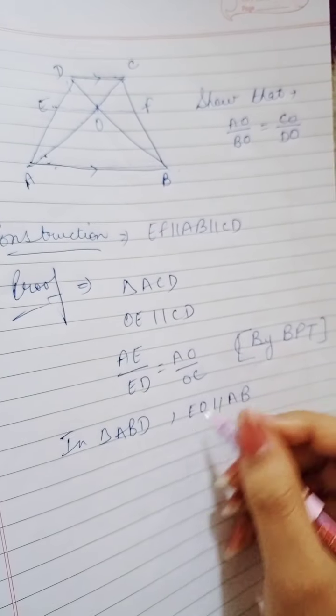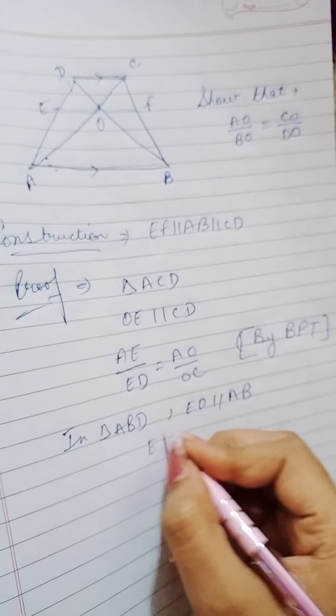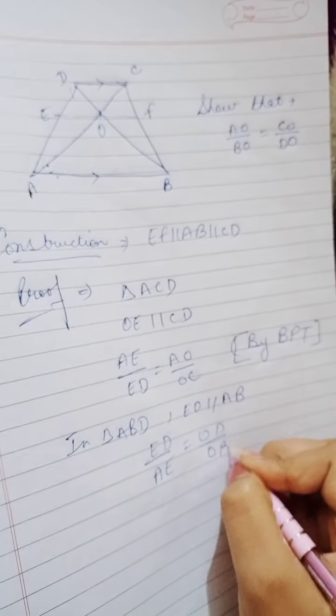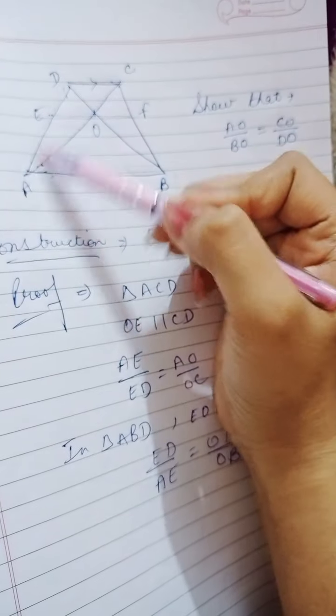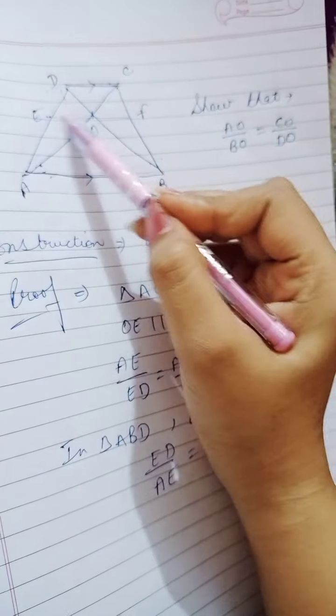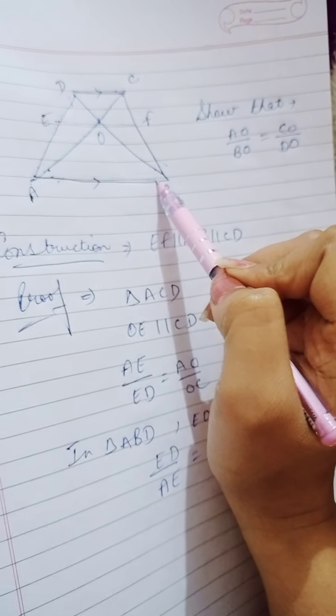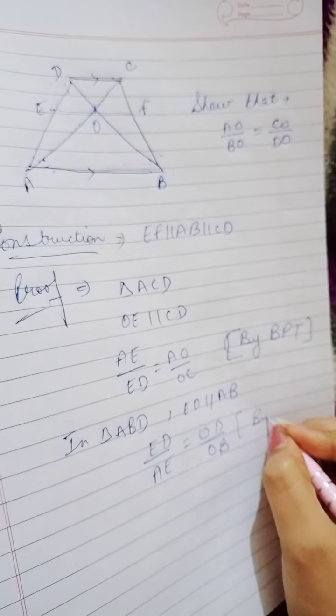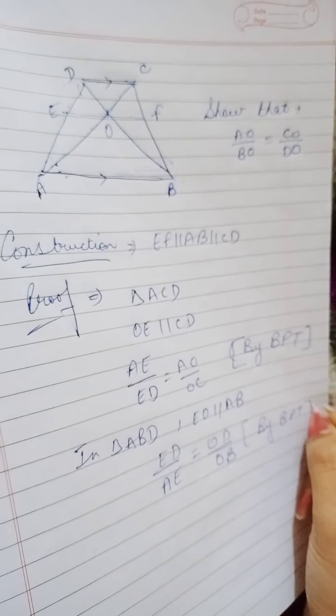So you can say that ED upon AE would be equal to OD upon OB, because in this triangle these two lines are parallel. This also you write by using BPT only.